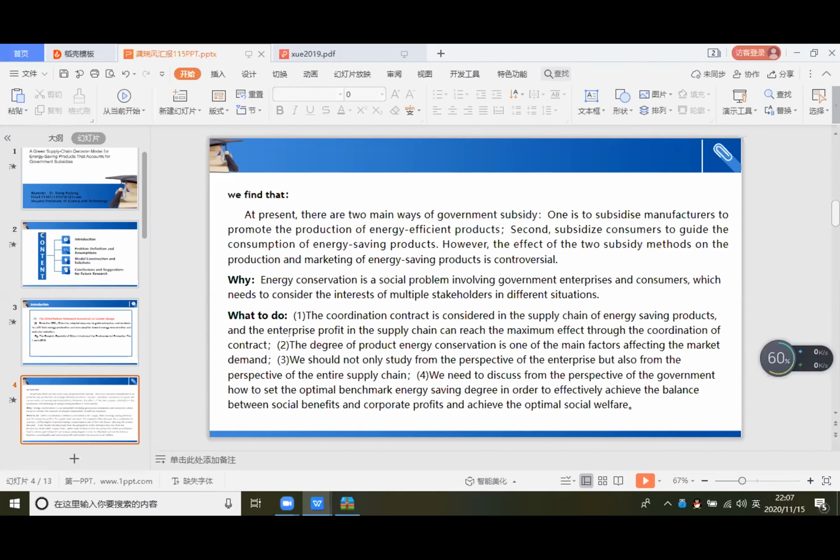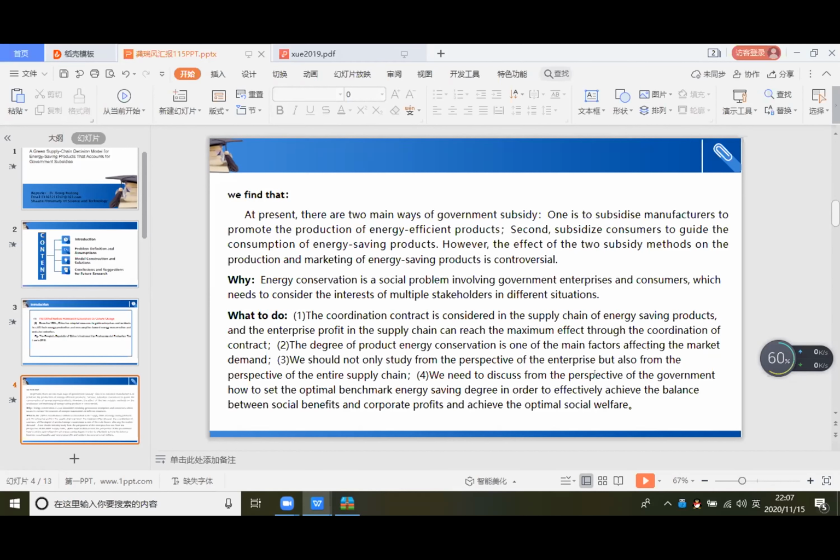Two, the degree of product energy conservation is one of the main factors affecting market demand. Three, we should study not only from the perspective of the enterprise, but also from the perspective of the supply chain.